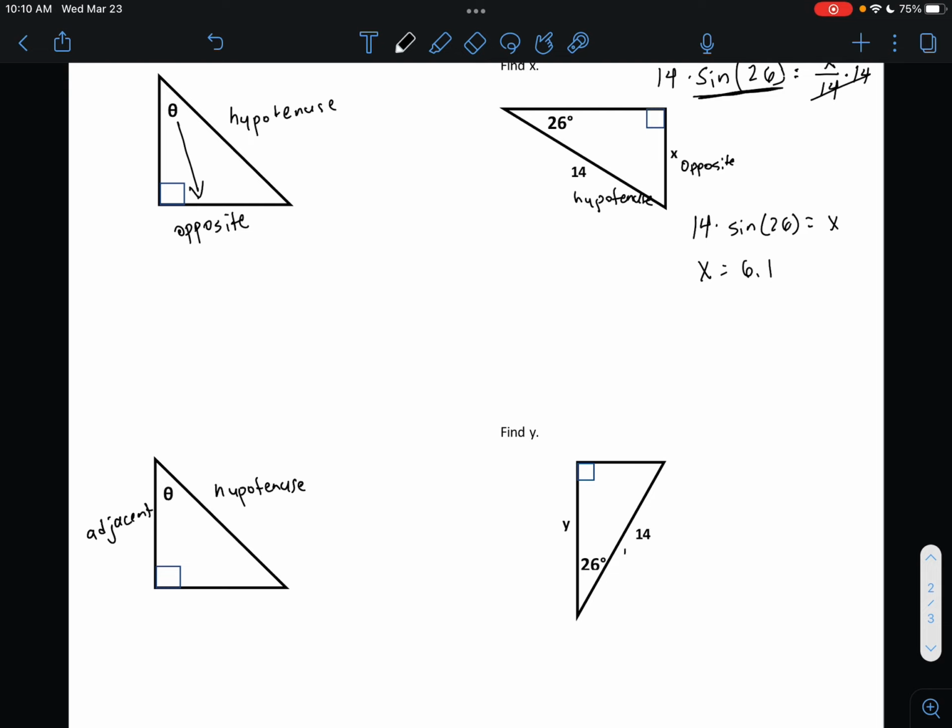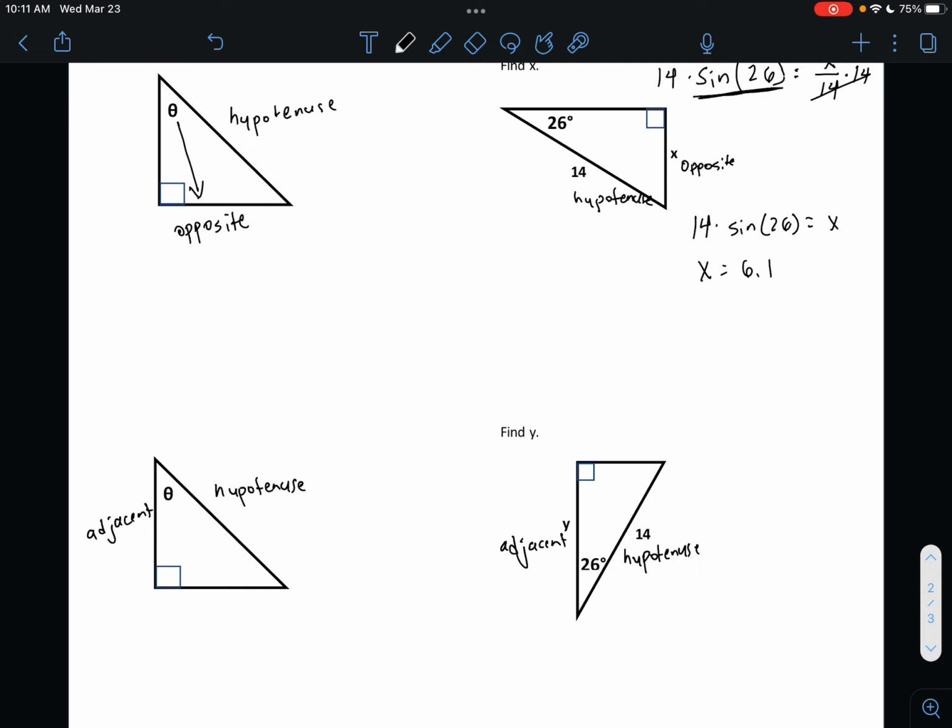So our hypotenuse is the side across from the right angle, and our adjacent is next to the angle that we are given. So we're going to use those sides with the cosine function to figure out our missing side, in this case, y.